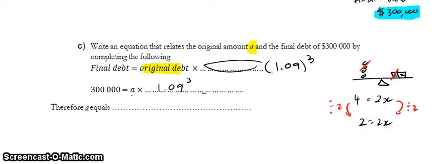Okay, so in this equation we have 300,000 is A times a number. So what I'm going to do to both sides to find out what A, my original amount, is, well, I need to divide by 1.09 cubed, both sides.